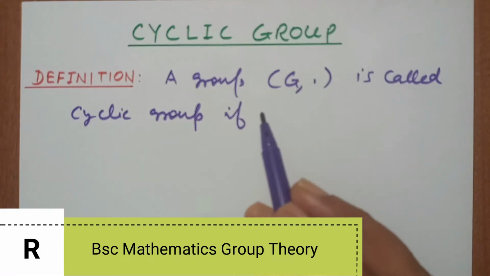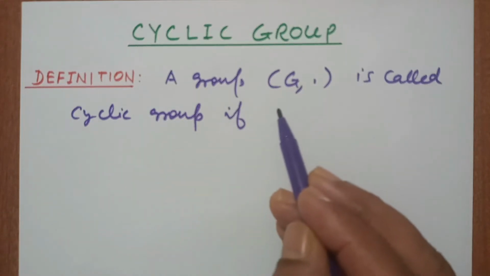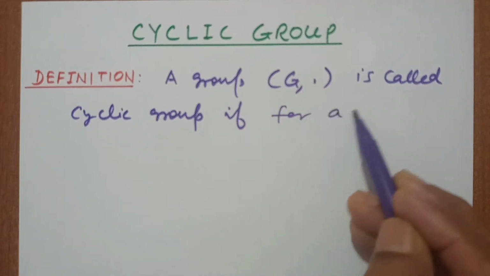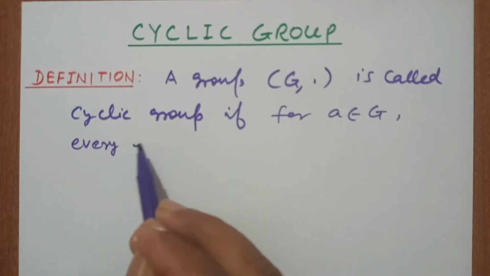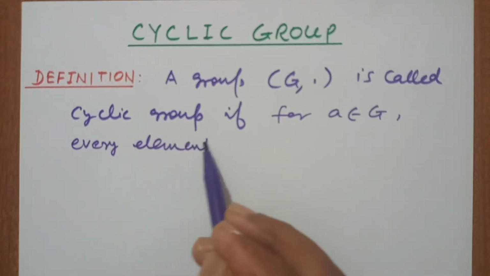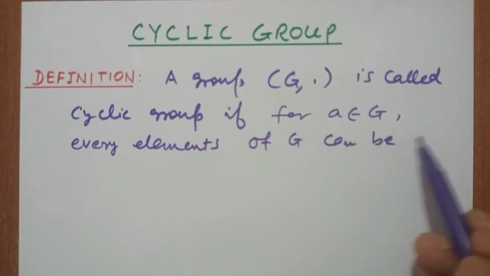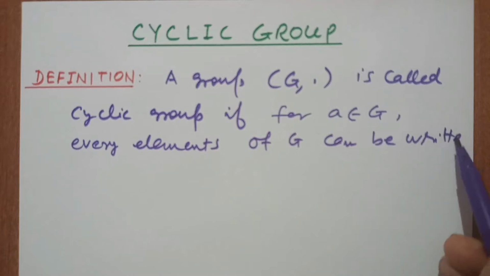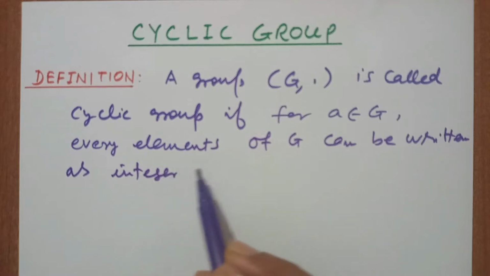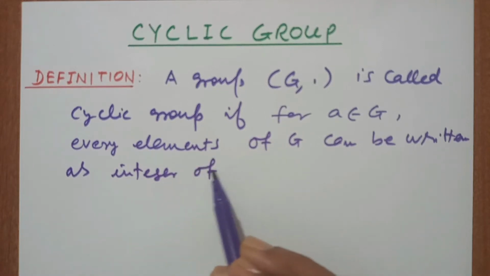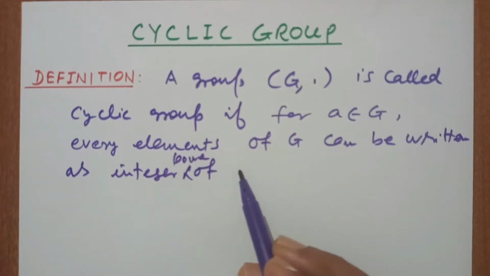Okay, it means a group (G, ·) is called a cyclic group if for a belongs to G, every element of G can be written as an integer power of a.